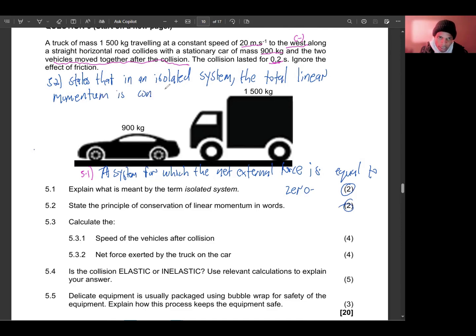Or others might say the total linear momentum in an isolated system is conserved, or remains the same, or remains constant. Right, so that's basically that. States that in an isolated system, the total linear momentum is conserved. Now, just like that, you have your 4 marks in the bag.